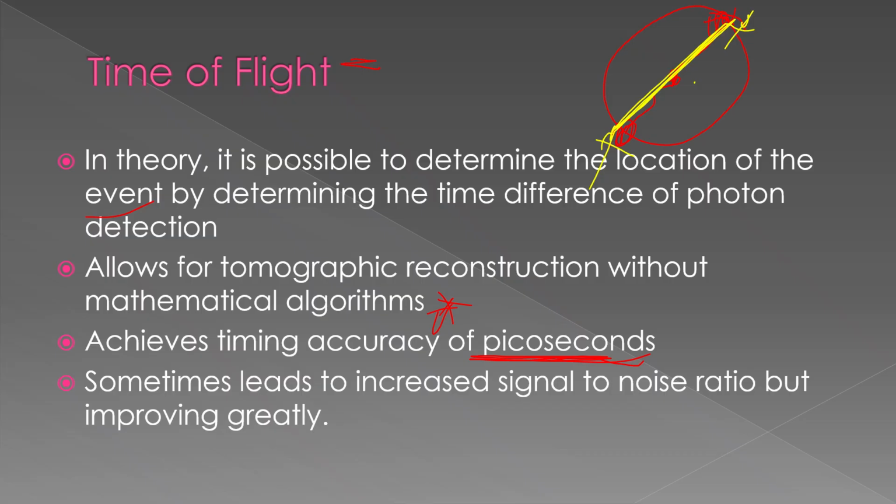So based on that time difference, it must be located at this particular spot along that path, because it's going to hit the one it's closest to quicker, and it's going to take a fraction of a second longer to hit the opposite side. And so that's how time of flight works. It uses that time difference within a picosecond to trace exactly where that came from.